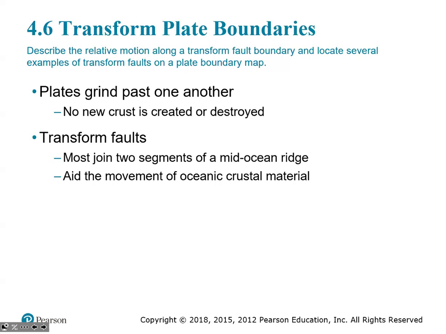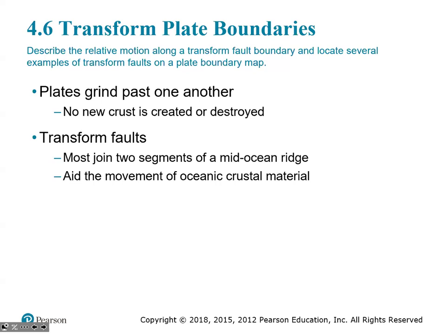So at a transform plate boundary, the plates aren't going towards each other or spreading apart. They're just sliding along next to each other. But they're big, huge chunks of rock touching each other, trying to slide. They stick. They have friction. So they grind past one another. No new crust is created or destroyed.